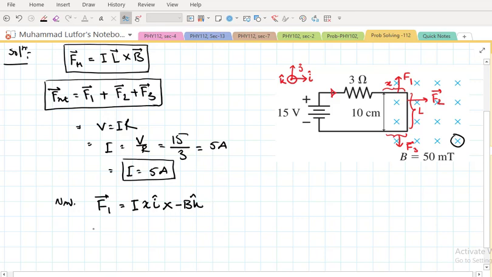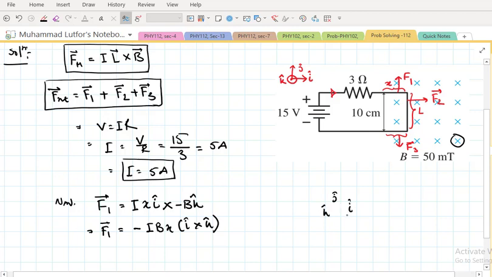Now we can simplify this. I can factor out the minus sign, so F1 is minus I B x times i cross k. Now you can use the properties of the unit vectors.